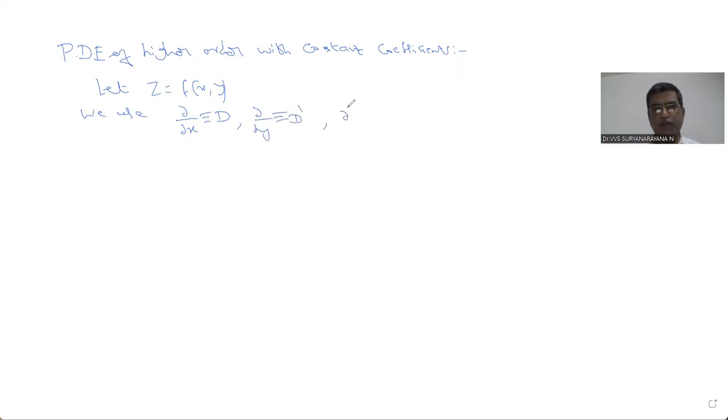Any higher order derivative, for example the nth derivative with respect to x, will be denoted by D to the power n, and the nth derivative with respect to y will be denoted by D dash to the power n, for all n equal to 2, 3, 4, and so on. We'll follow this notation throughout unit number 2 of Partial Differential Equations and Vector Calculus.